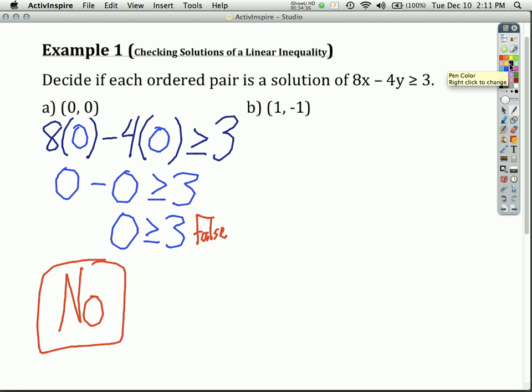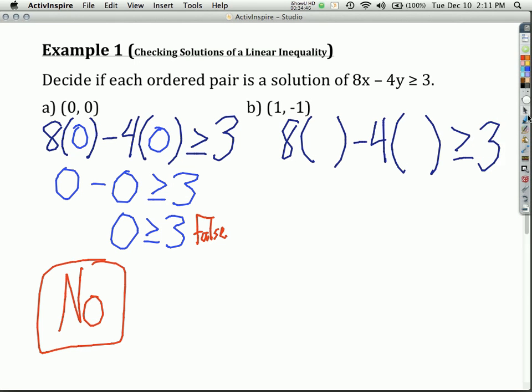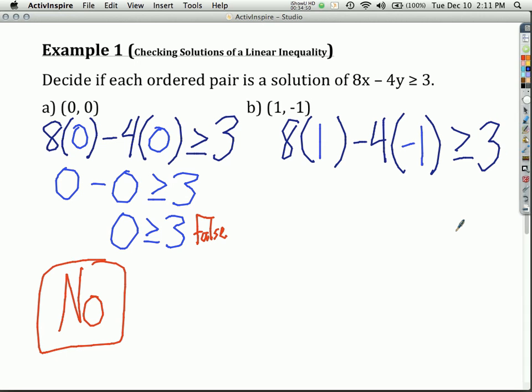So part B, let's see if that is a solution. So we've got the same inequality, 8 times x minus 4 times y, but this time we're going to plug in 1, negative 1. So we have 8 times 1 is 8, minus a negative 4 times a negative 1 is a positive 4.